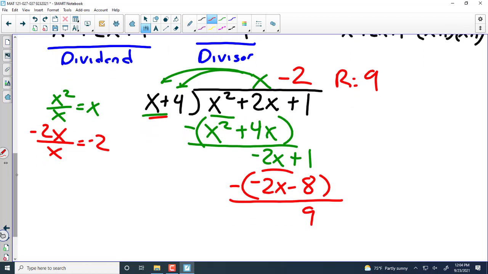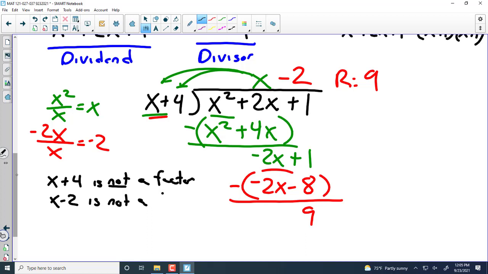What's the punchline here? Quite simply, here's the punchline. X plus 4 is not a factor. Our quotient, our answer, x minus 2, is not a factor because I didn't divide by a factor, so I didn't get another factor.